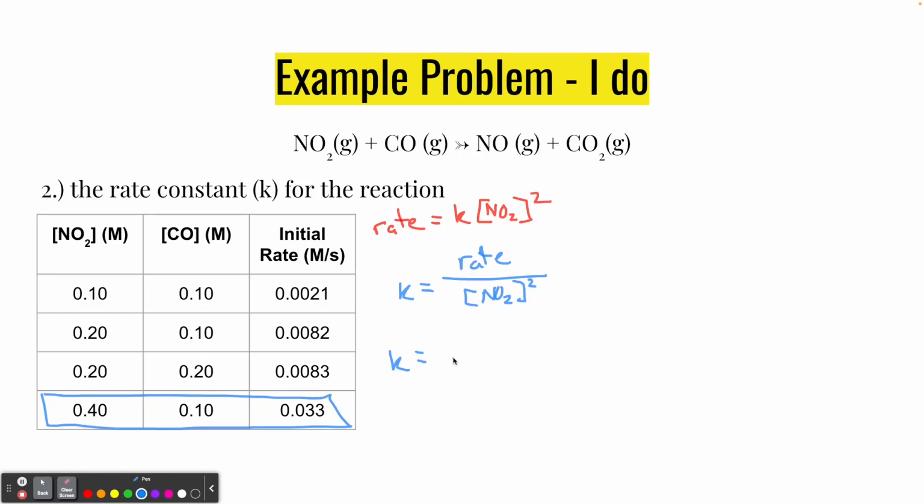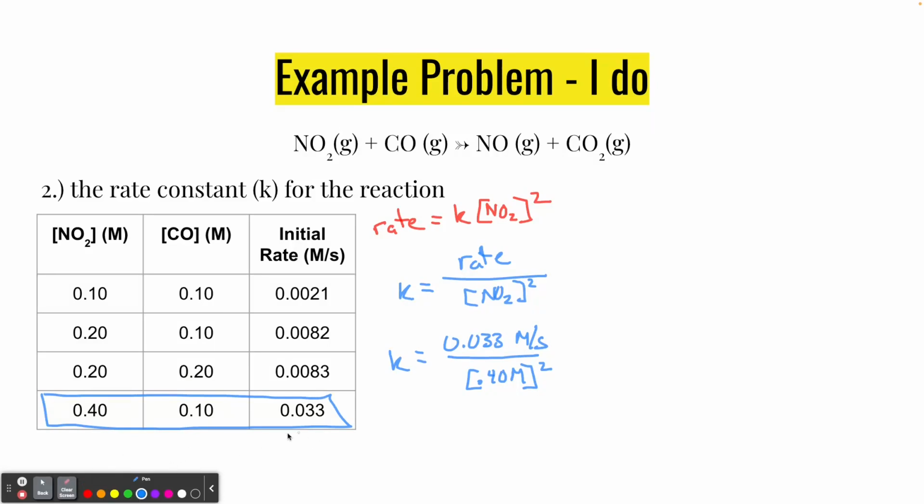Okay, guys, so we're going to have 0.033 molar seconds divided by 0.4 molar squared. Okay. Remember, guys, that the rate constant K can change units, so it's super important that you write your units down here.